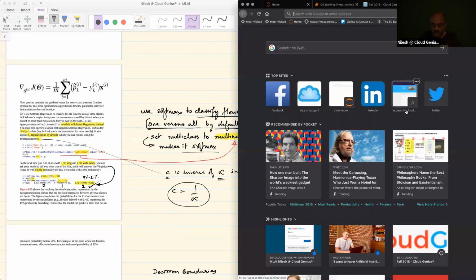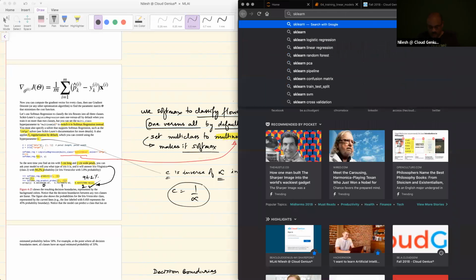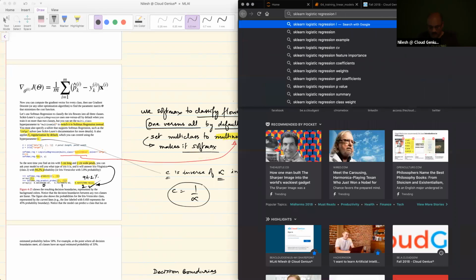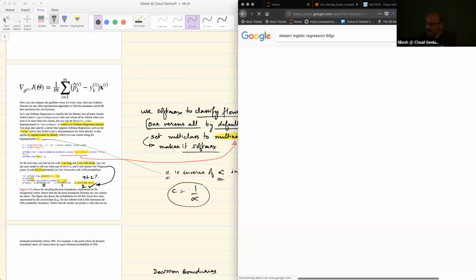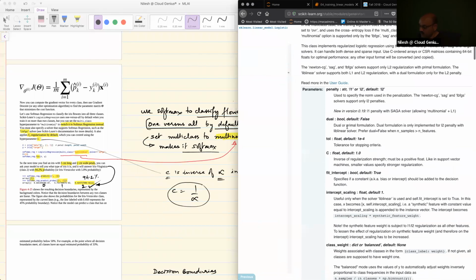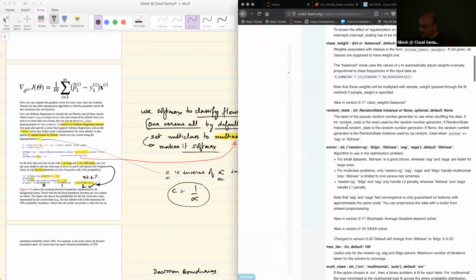So if you want to just search for this, say scikit-learn and logistic regression, and then say LBFGS solver, or just search for the available solvers, it will take you straight to the documentation where it will tell you all the details under the hood about solvers available.